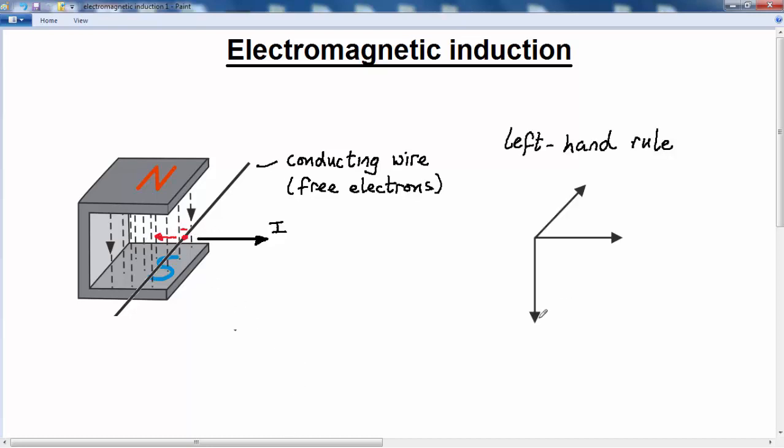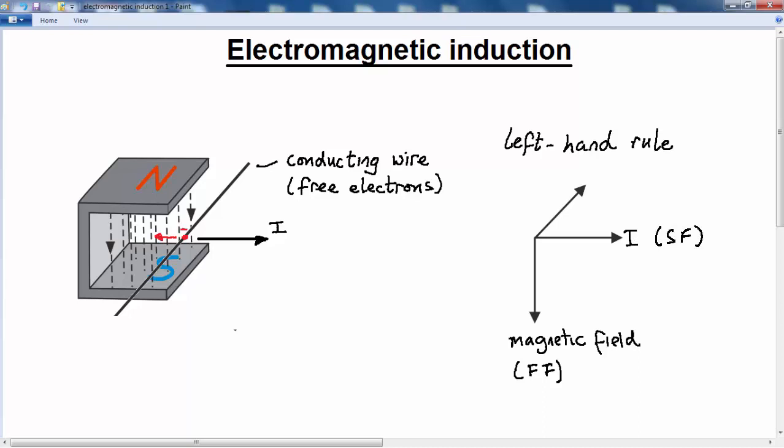What we notice first of all is that the magnetic field, which always goes from north to south, is downwards. So let's write that, magnetic field. And the magnetic field is your first finger, so we'll write FF there for your first finger. While the conventional current moves in this way, that's your second finger, so we'll write SC for the second finger.